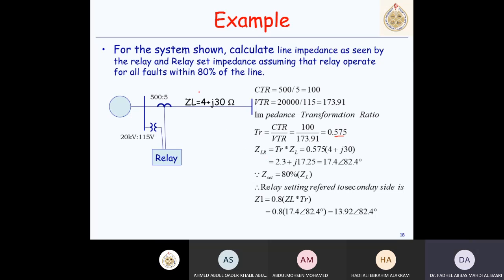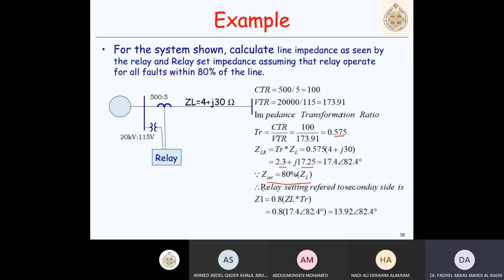Now, this line impedance will be seen by the relay as Z line times the transformation factor. So it will see 2.3 plus j17.25. Instead of 4 ohm, it will see 2.3, and the 30 ohm, it will see as 17.25. Once we transfer it, we can take 80% of this as our setting.